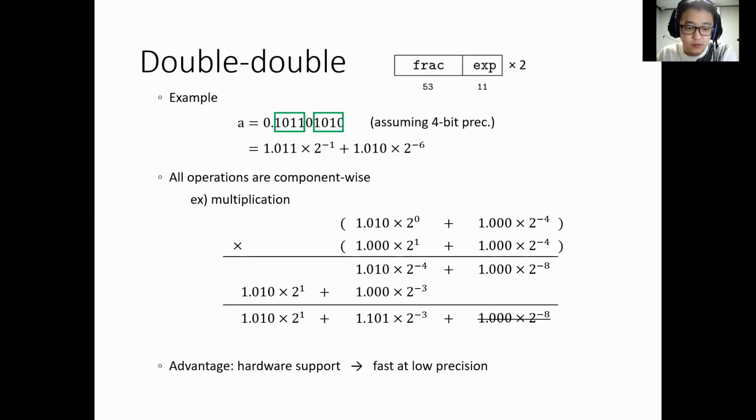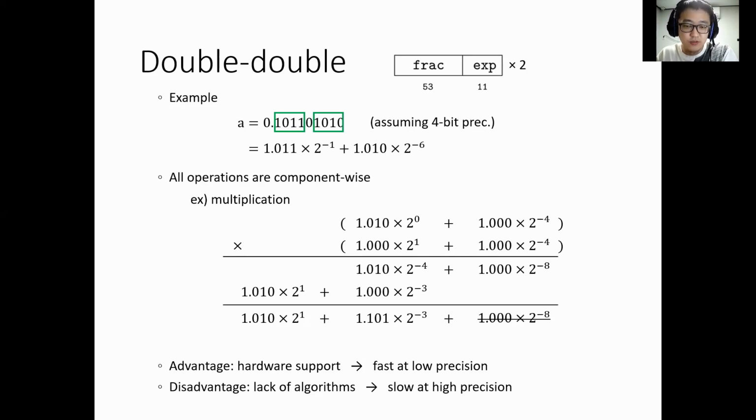Okay, one advantage of this data structure is that it is supported by hardware, so that it runs fast at low precision. But the problem is due to this disaligned data structure, it is very hard to come up with a decent algorithm.